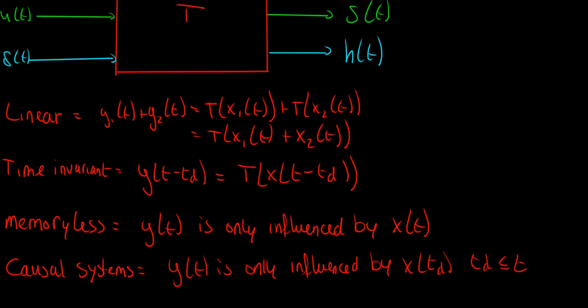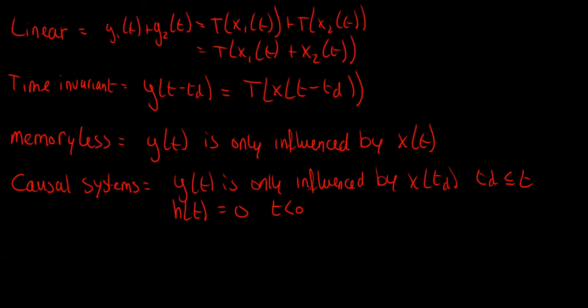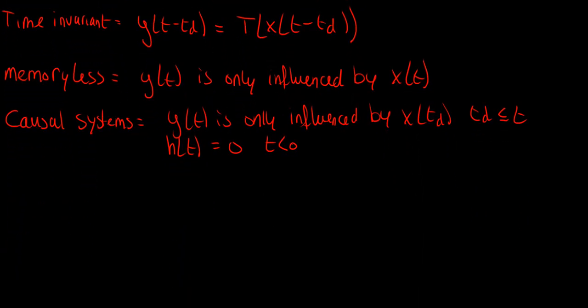So the past and the present influence y(t), nothing of the future. This can also be seen if your impulse response is 0 for all t smaller than 0. If this is the case, then your system is causal. So every system that is memoryless is also causal, but not every system that is causal is also memoryless.